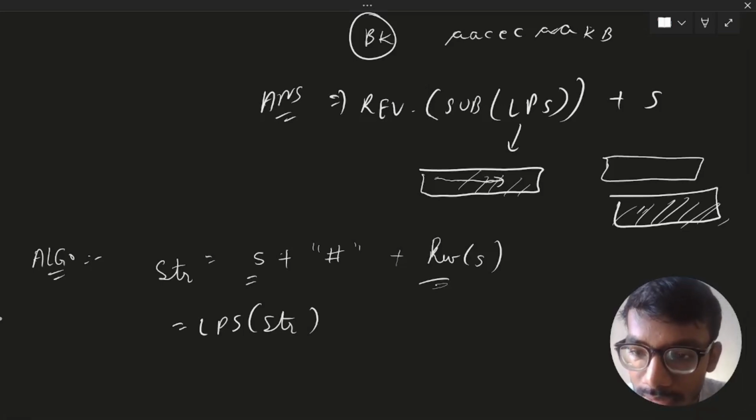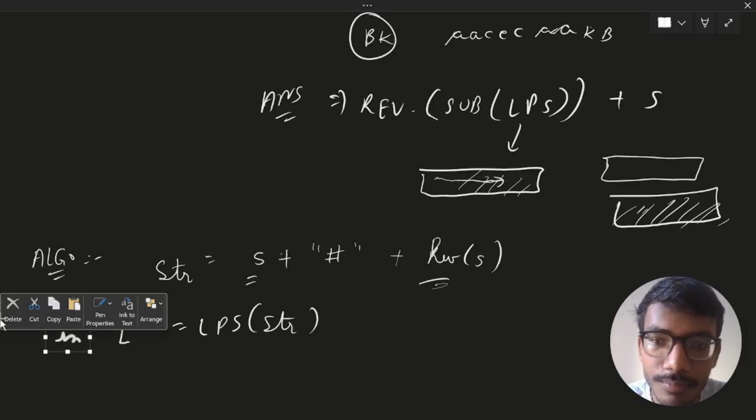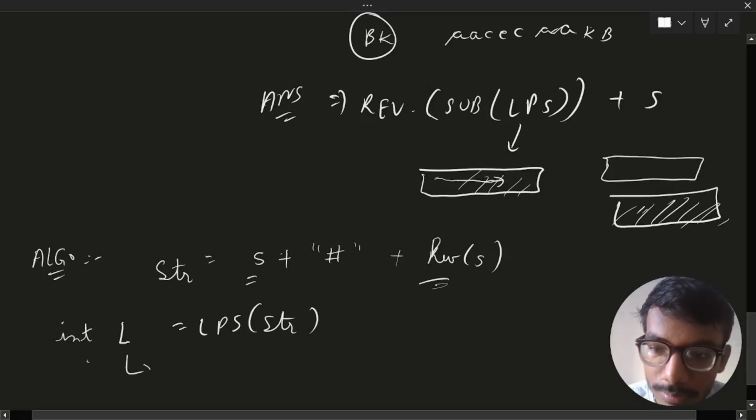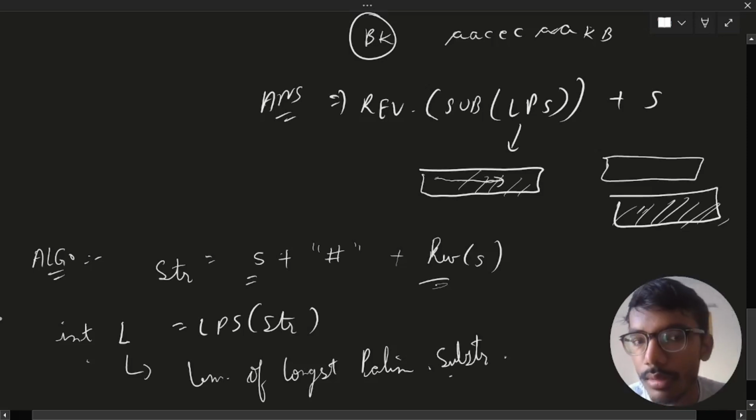This gives me a length L, which is the length of the longest palindromic substring in S. Please be careful, it is in S.